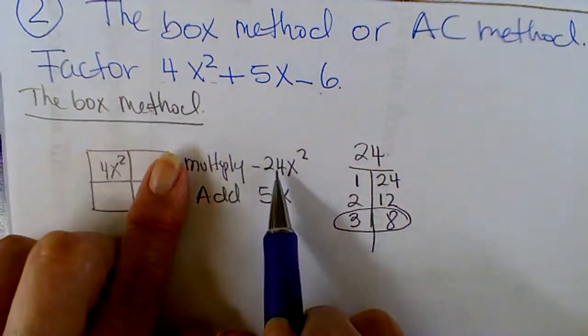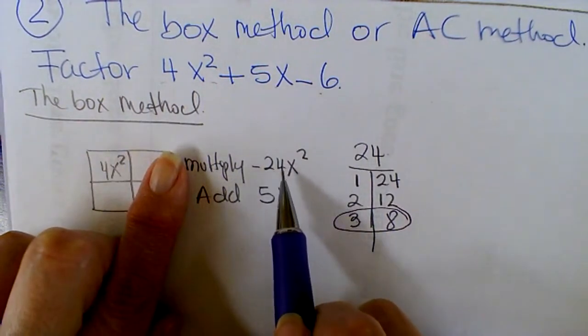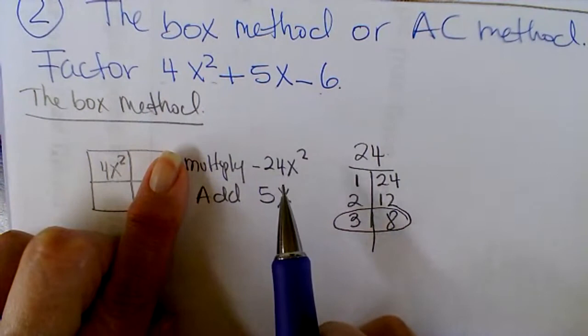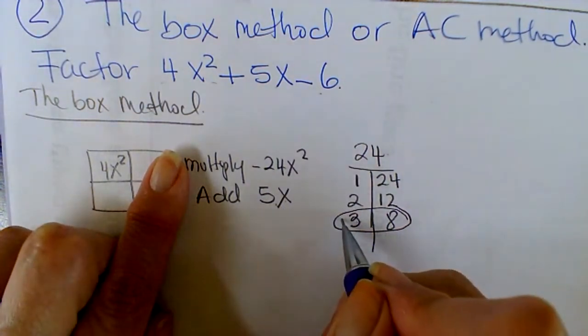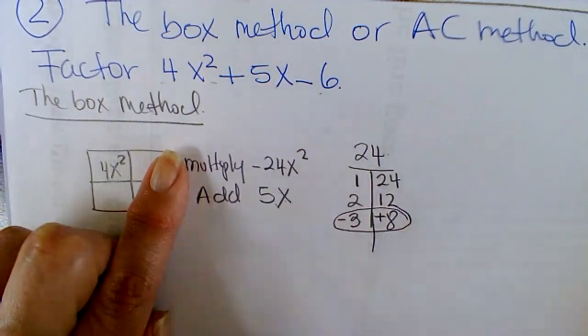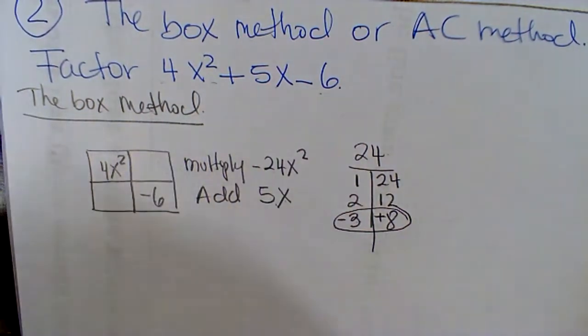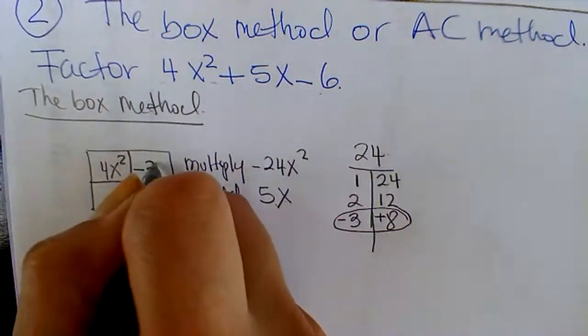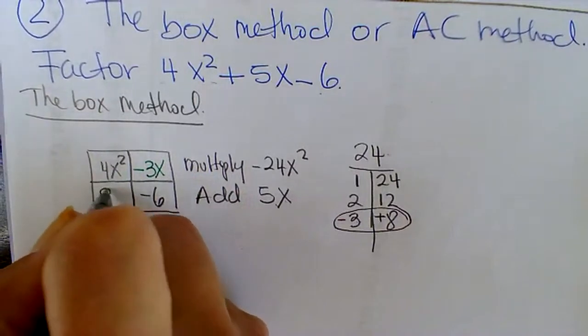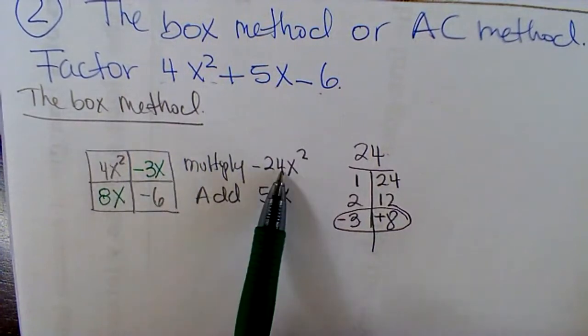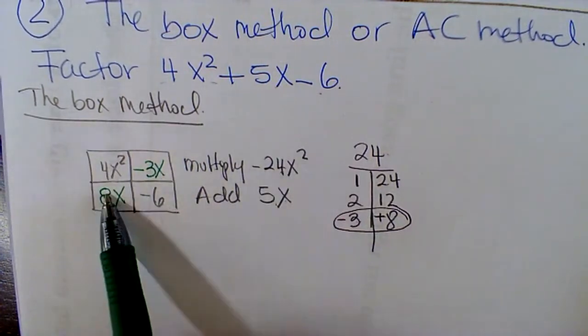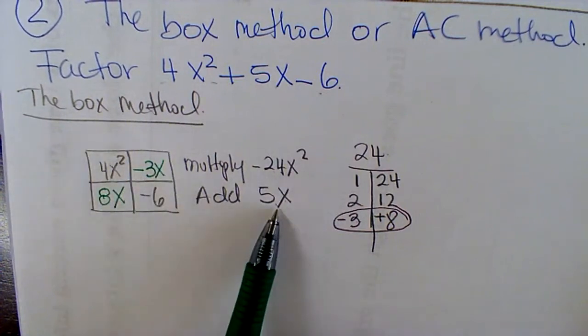I need to find two numbers that multiply to negative 24x squared and add to positive 5. This is going to be negative, and this is going to be positive. So I'm going to add them right here: negative 3x and 8x. When I multiply these two, what do I get? Negative 24x squared. When I add them, what do I get? Positive 5x.